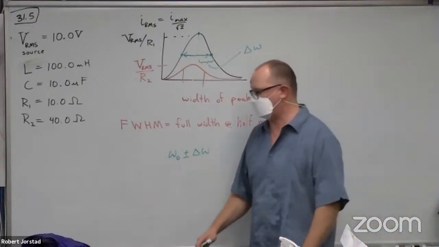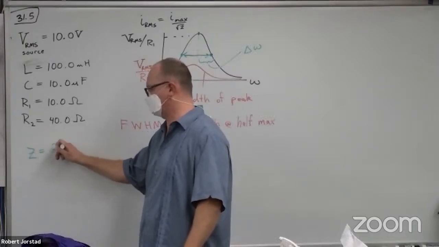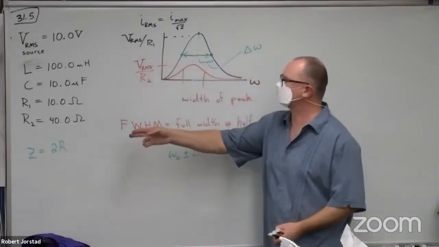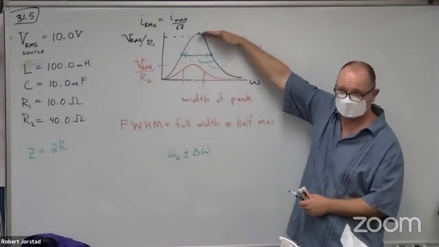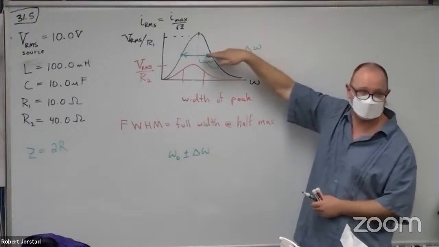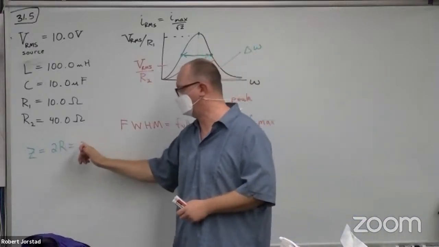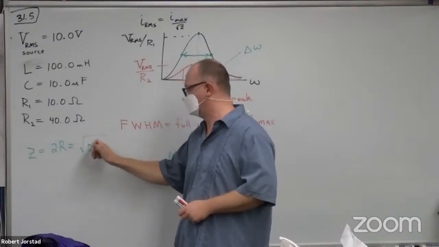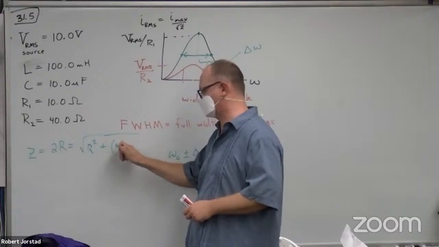The main thing that happens here is you can set Z equal to 2R, right? Do you agree that at the maximum, Z is equal to R? So to cut it in half, Z would equal 2R. So if you set Z equal to 2R, doesn't that give you a nice, easy equation to solve for omega?